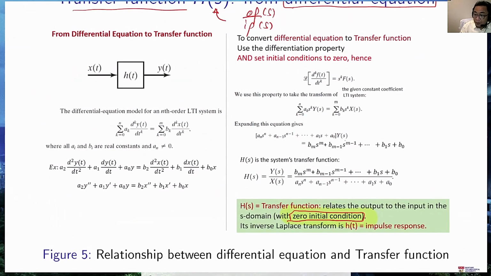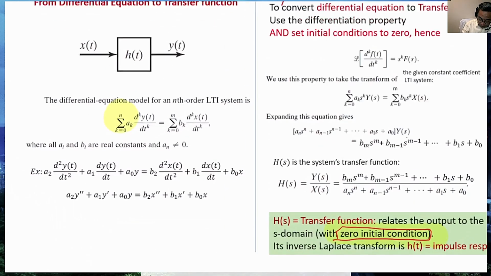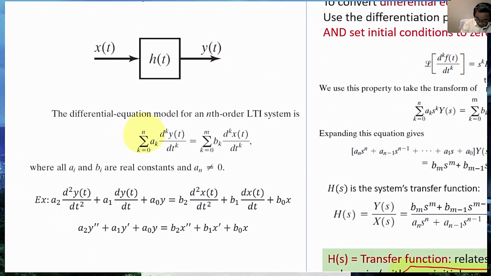Let's assume we have an n-order differential equation: d^n y/dt^n plus d^(n-1) y/dt^(n-1), and so on until dy/dt, is equal to, on the right hand side, the x, which is the input.